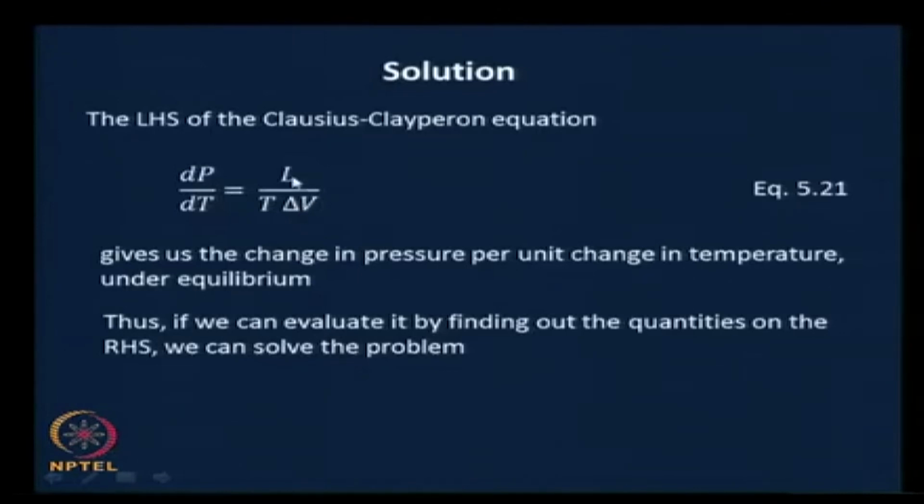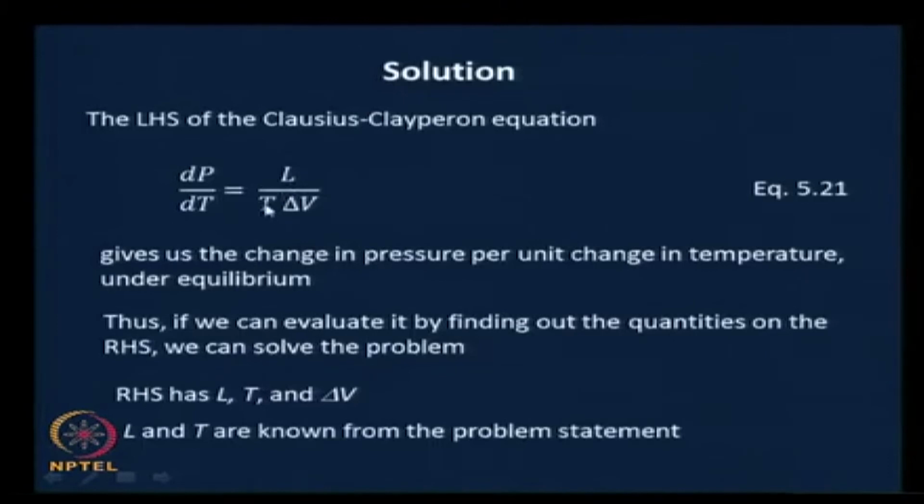L is already given, that is the latent heat of vaporization. T is also known from the problem statement, it is the temperature at which the vaporization is taking place. Therefore if we find delta V, then we are actually done.